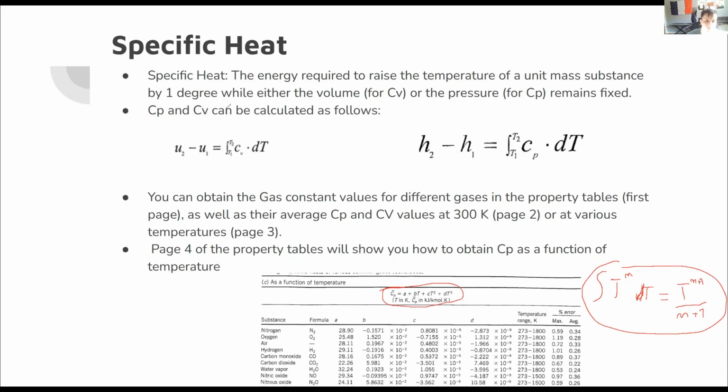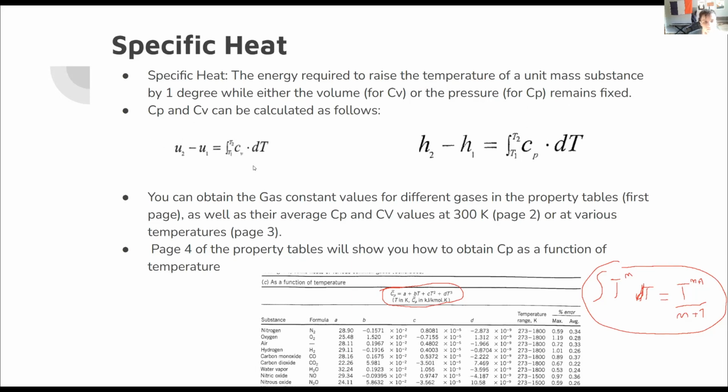Just to go over a little bit of theory, like I think we went over last week, specific heat is just the energy. Remember, energy is usually in units of joule. It is the energy required to raise the temperature of a unit mass of substance by 1 degree, with either the volume being constant, so in this case CV, or the pressure being constant, so CP.